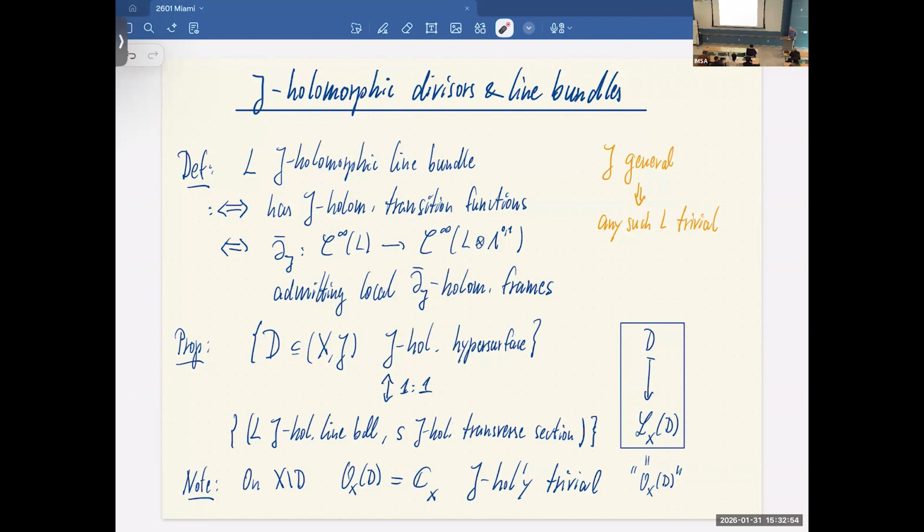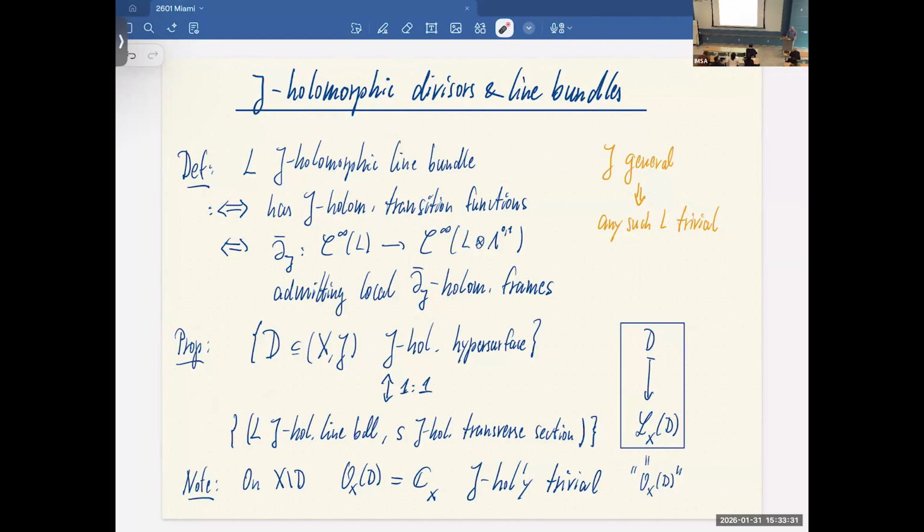To distinguish it from the algebraic geometric world, maybe just for my own sanity, I'll invent a new symbol. I'll write L_X(D) instead of O_X(D). So whenever you see an L_X(D), you should think O_X(D), but in a pseudoholomorphic world. You should note that with this one-to-one correspondence, these functions really exist only very locally around D. Away from D, you can still have a very general almost complex structure, and the transition function would just be constant 1.